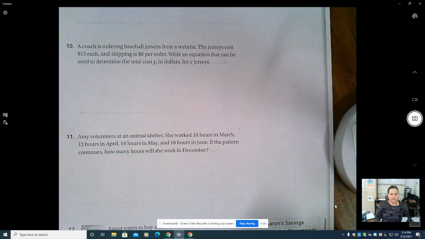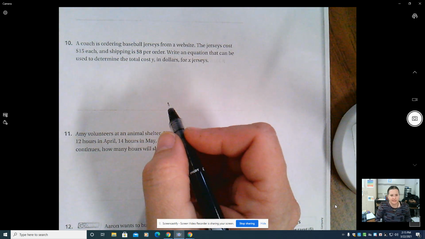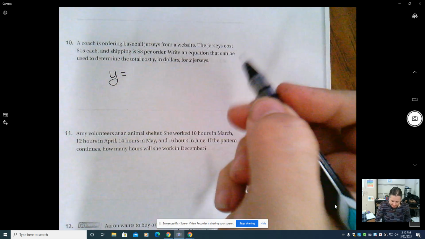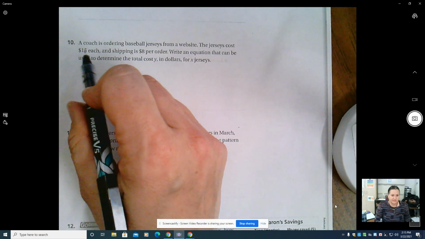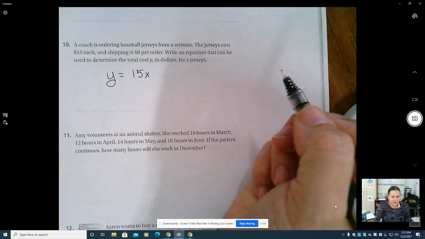A coach is ordering baseball jerseys from a website. The jerseys cost $15 each, and the shipping is $8 per order. Write an equation that can be used to determine the total cost Y in dollars for X jerseys. So we're figuring out the cost, Y, for X numbers of jerseys. So each jersey is 15 each, so we could do 15 times X, the number of jerseys.